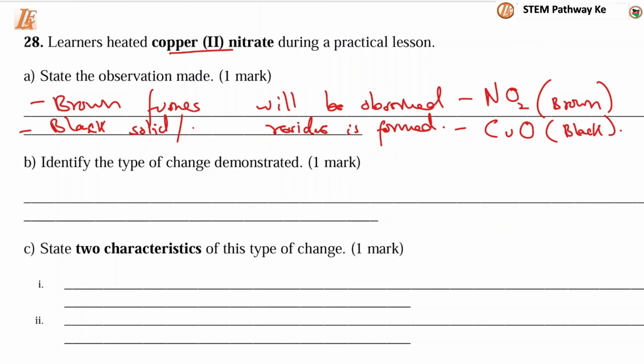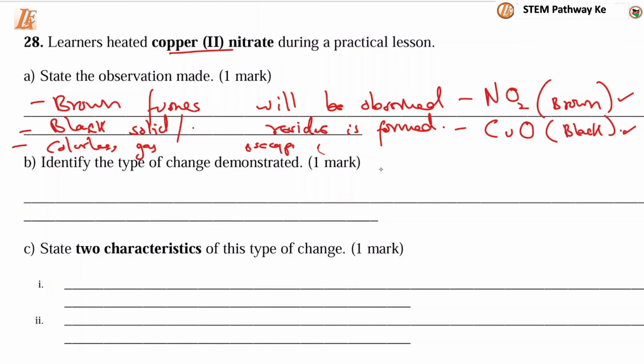So the second question: identify the type of change demonstrated. Remember, when you heat copper 2 nitrate, three substances are formed. Copper 2 oxide, which is black, nitrogen 4 oxide, which is brown, and a colorless gas. In fact, you can write another observation as a colorless gas escapes.